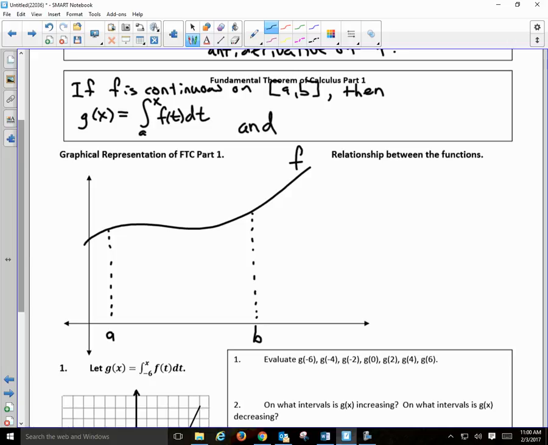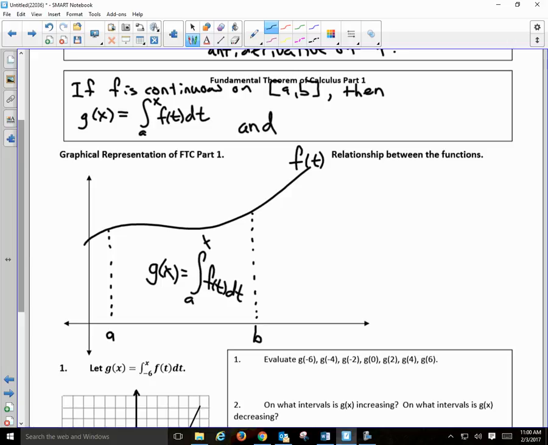It says let g(x) be the area function. So g(x) is an area function. It's equal to the integral from a to x of f(t) dt. So the definite integral can be written literally as an area function.